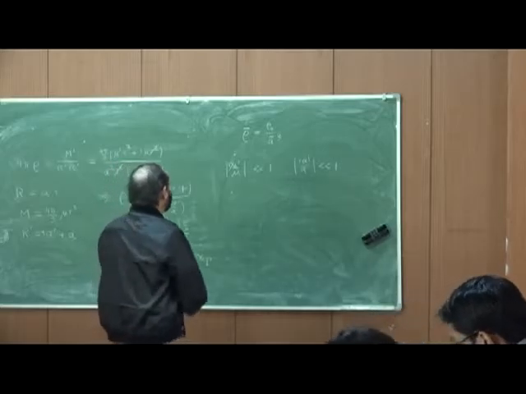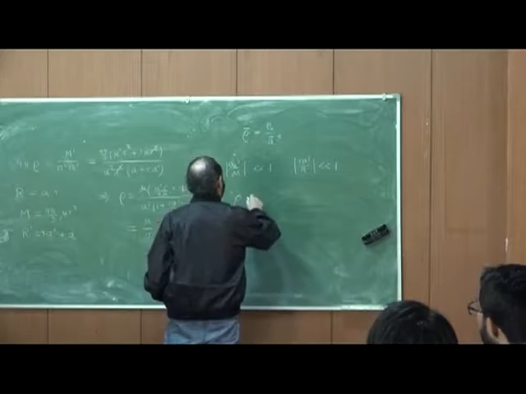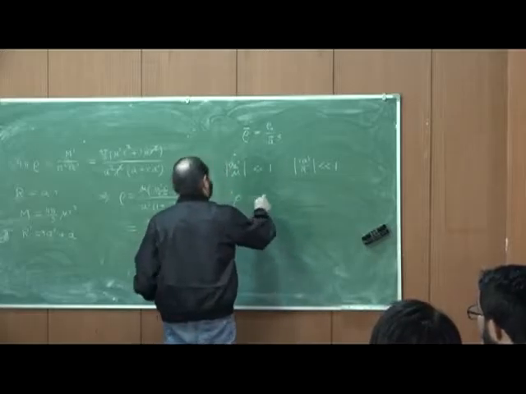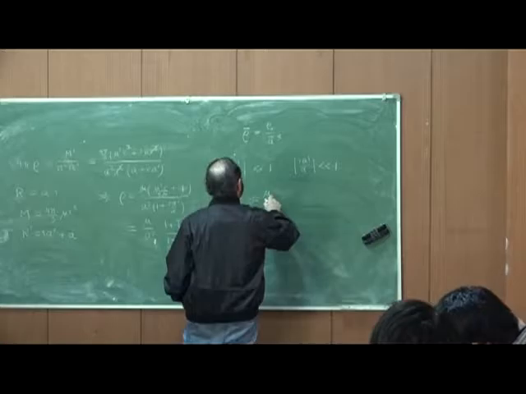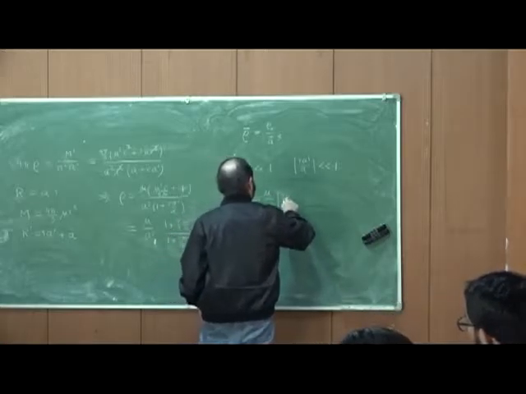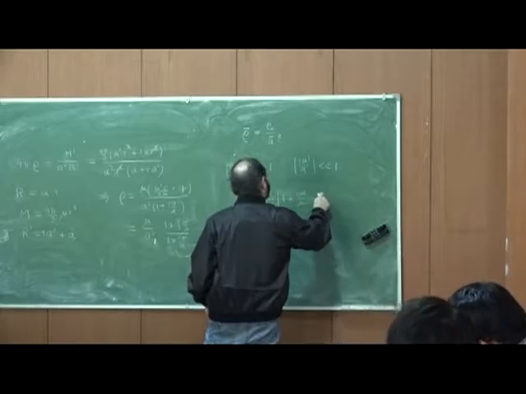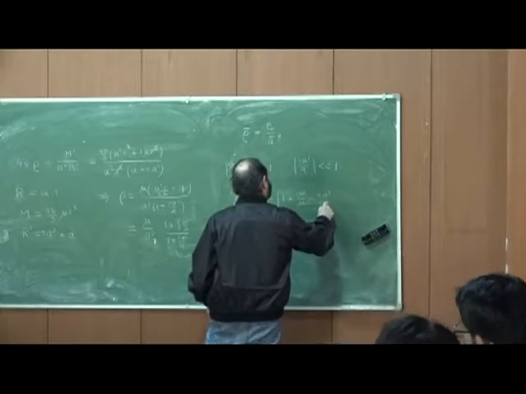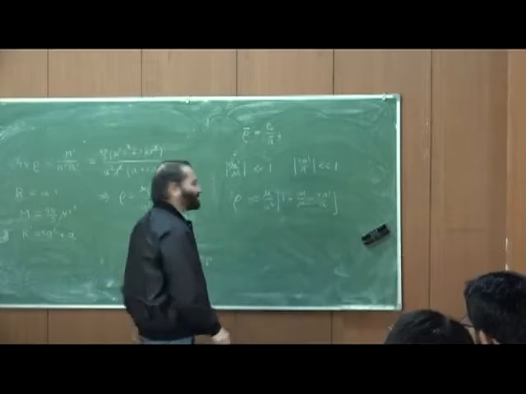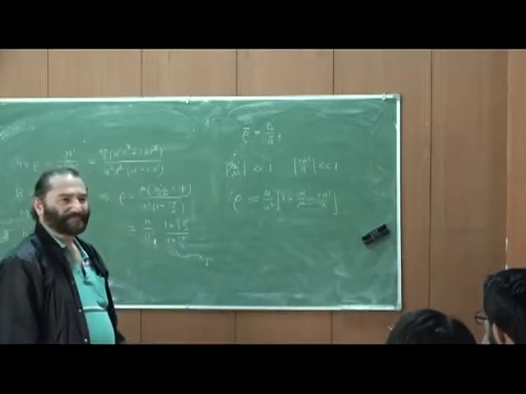Okay. So suppose we have this, then you can show that rho is approximately mu times AQ times something like this. Just do a Taylor expansion.